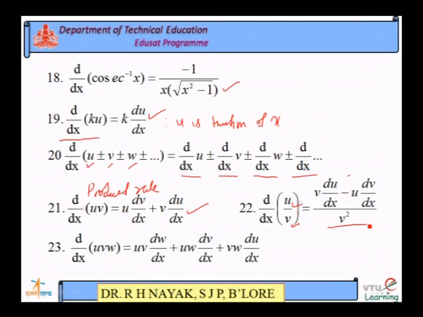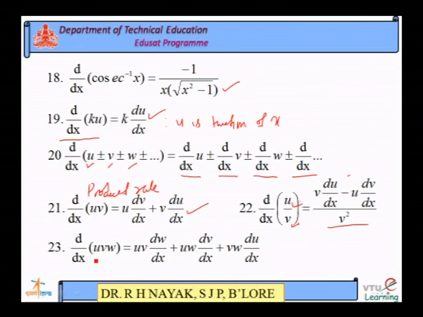It is the quotient rule. In the product rule, suppose we have a product of more than two functions, that is, differentiation of a product of three functions u, v, w. As we did when we had two functions, we have to keep one function as it is and differentiate the other, and vice versa.